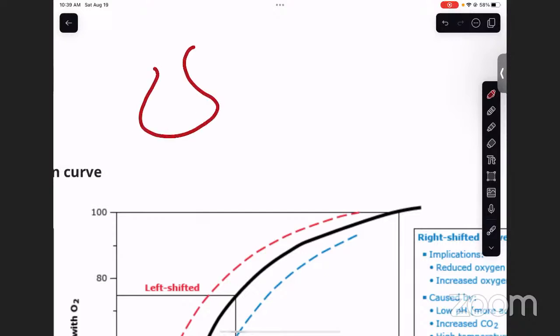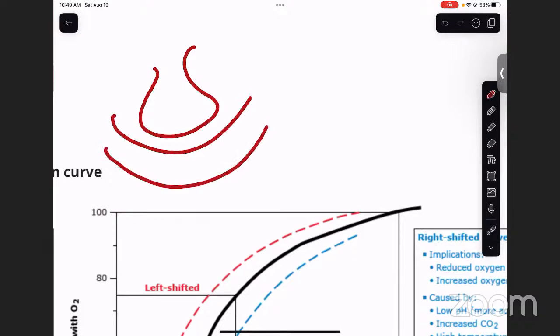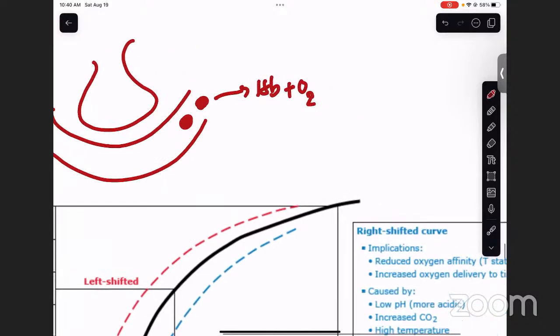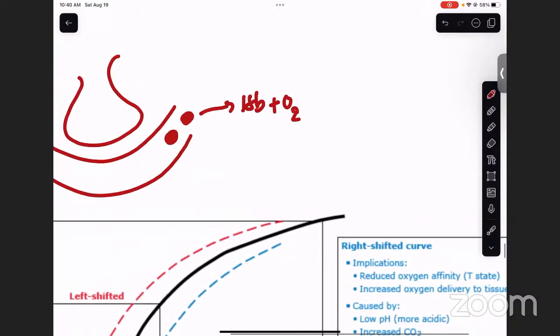This is our alveoli. This is our vascular endothelium. This is our oxygenated hemoglobin. In other words, it is oxyhemoglobin. Hemoglobin plus oxygen. So what does it do?